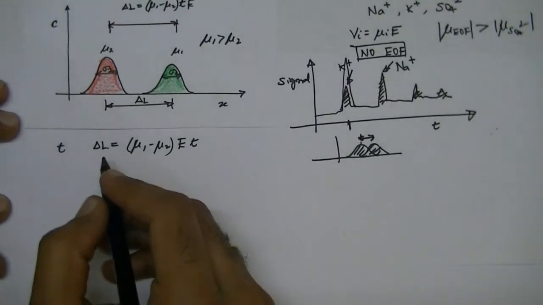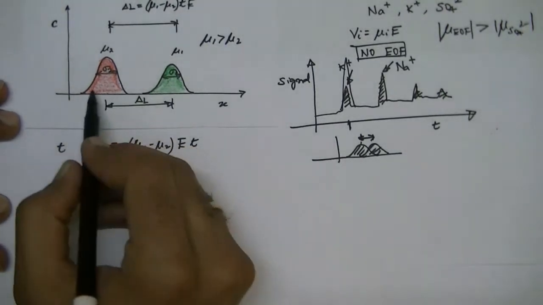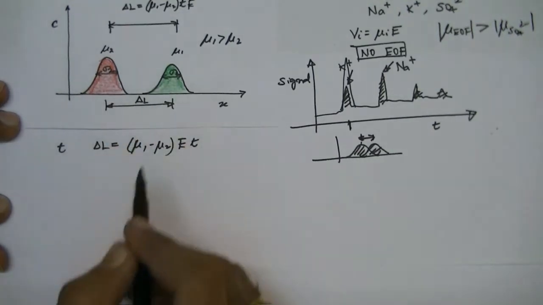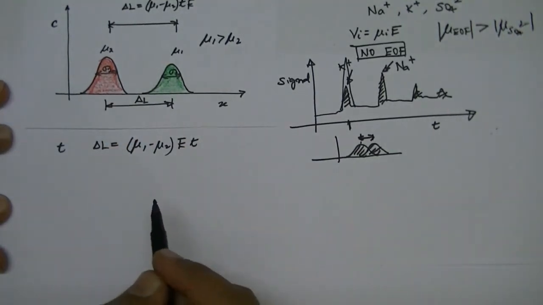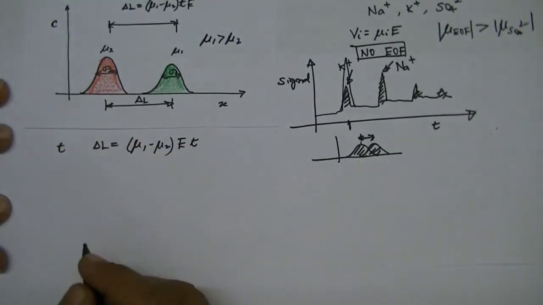Now what we want is that this distance should be significantly larger than the diffusion length or the width of these two peaks.